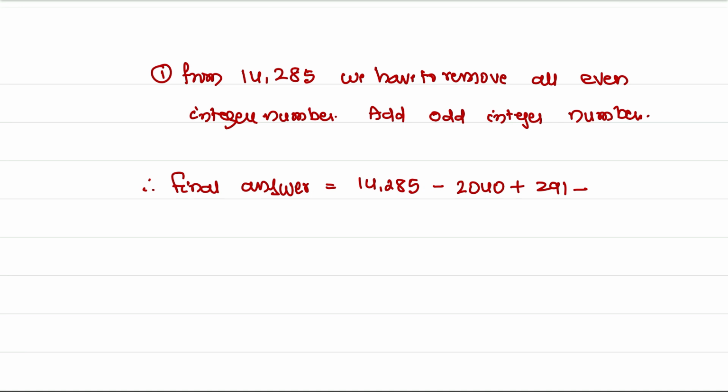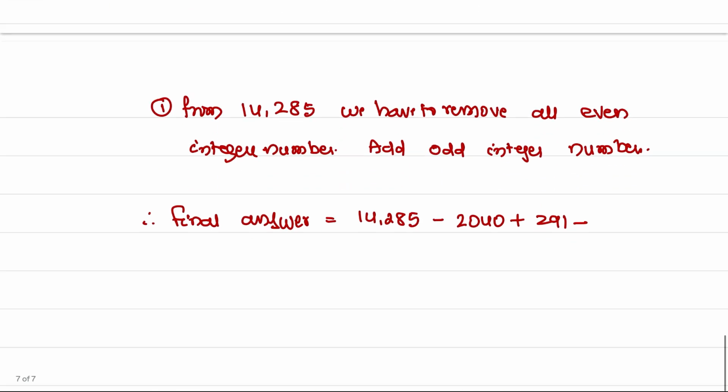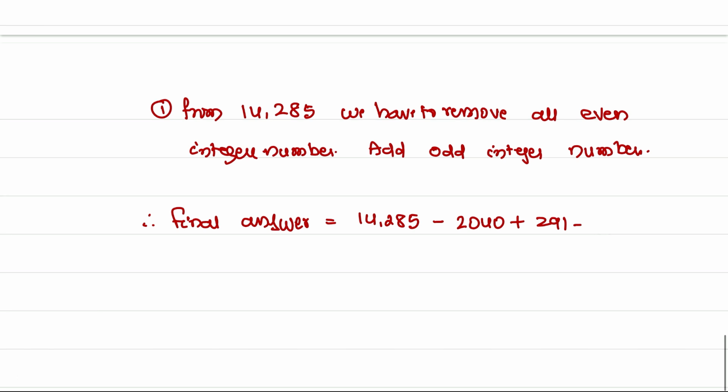So it should be 14,285 minus 2040 plus 291 minus 41 plus 5, that is equal to 12,500 integers satisfying the given condition. This is the answer.